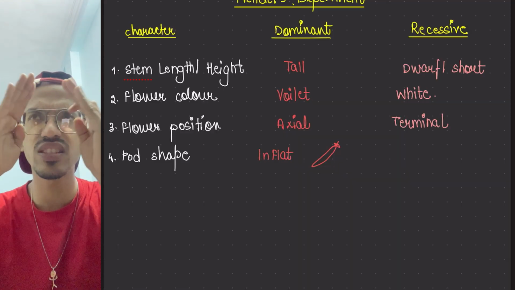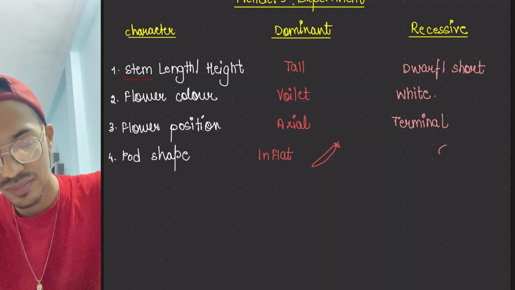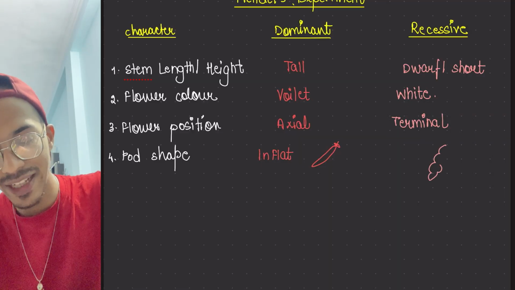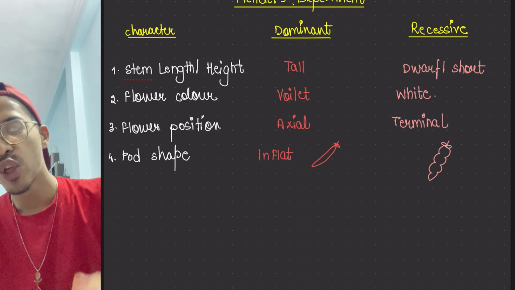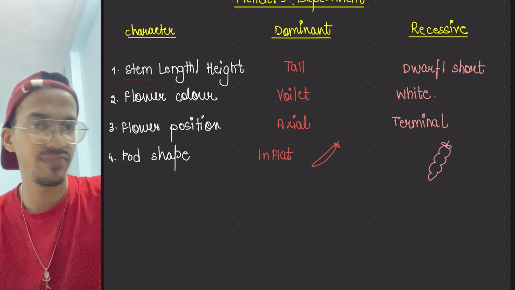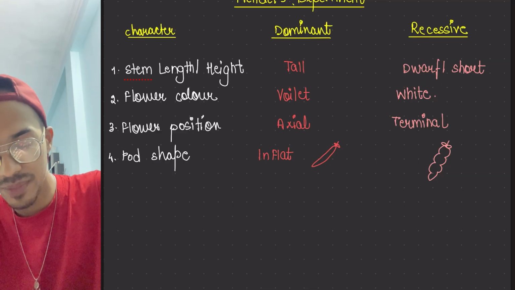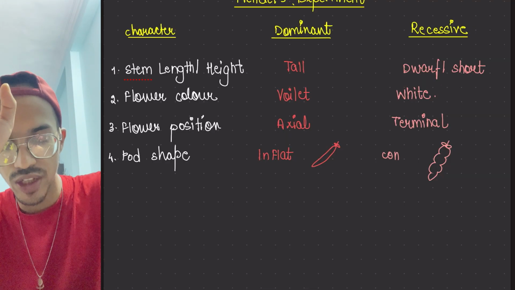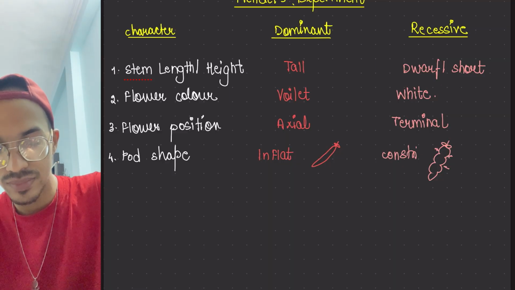You might have seen certain pods like this, constricted, which are very tough to open. They don't even look good. That shape is called constricted, because there is a constriction.